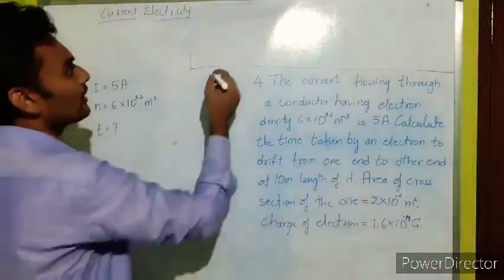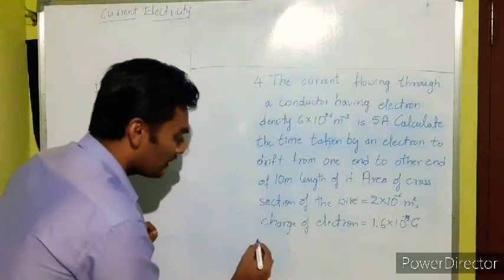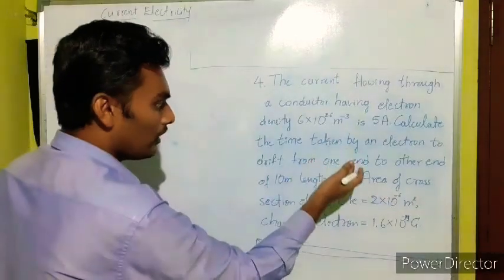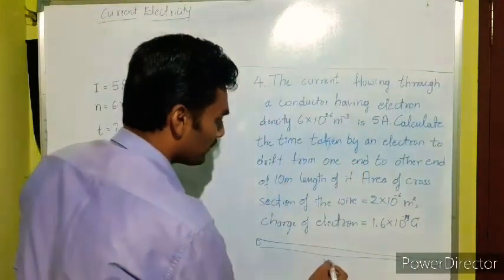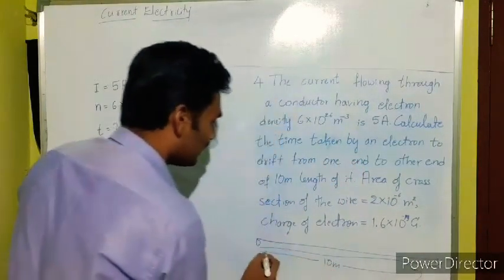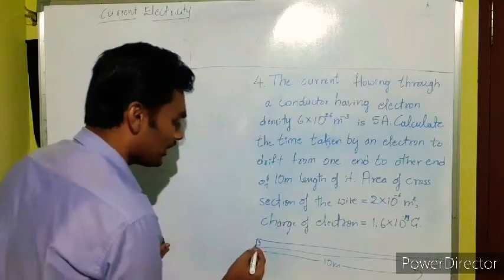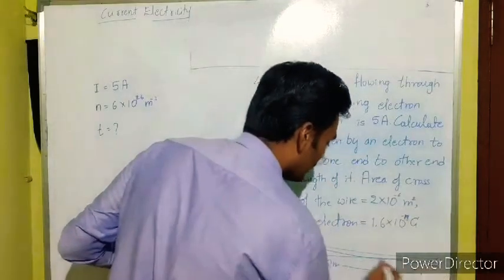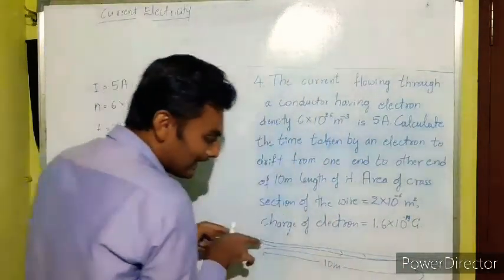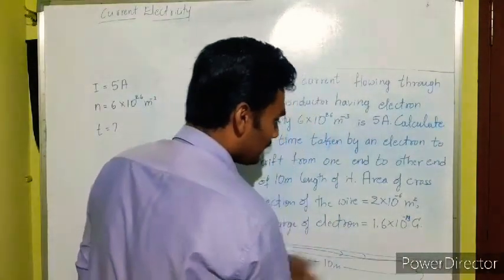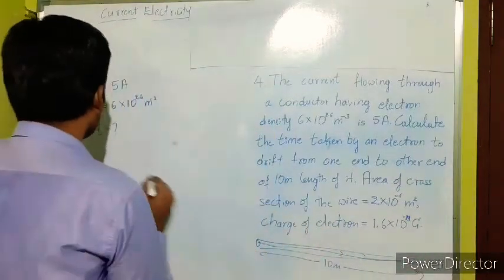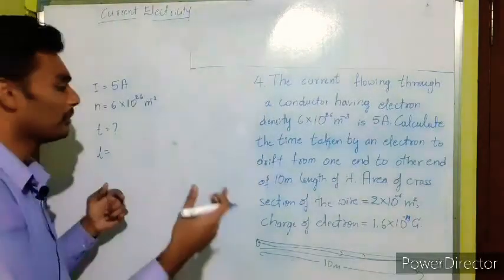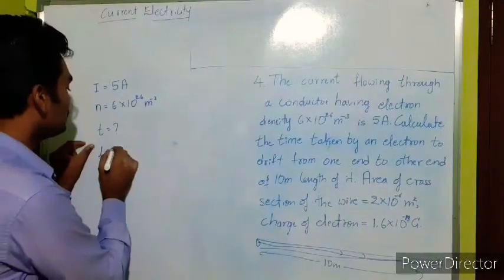In the same way here, if I say this is the conductor of length, how much is the length? 10 meter, given. Now an electron has to travel from this end to this end, so the length itself is the distance traveled by the electron, which is equal to 10 meter.